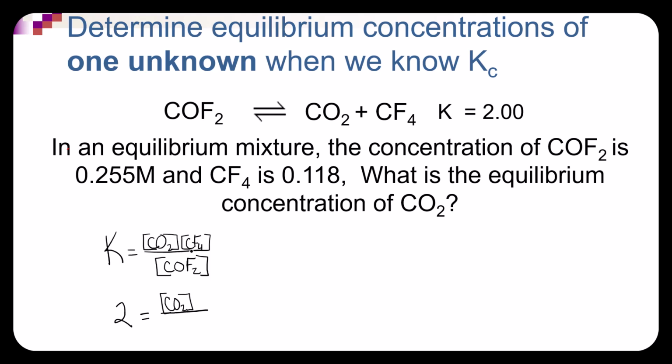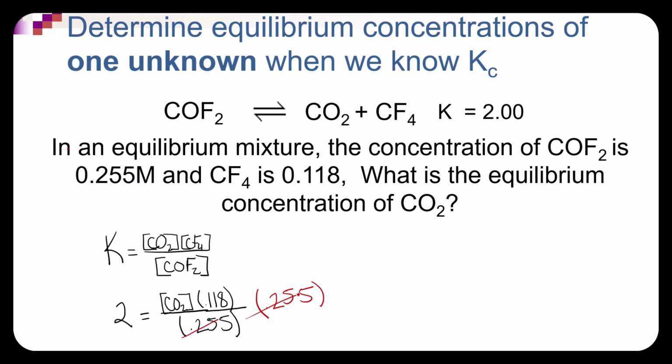It does give me the equilibrium concentration of CF4, and that's 0.118. And it gives me the concentration of our reactant, which is 0.255. To solve this, we're going to do some simple algebraic rearrangement. To get this fraction to go away, I'm going to multiply by 0.255 to get that out of the denominator.